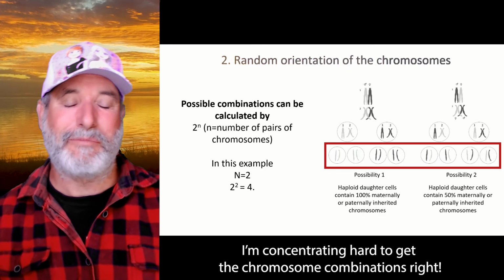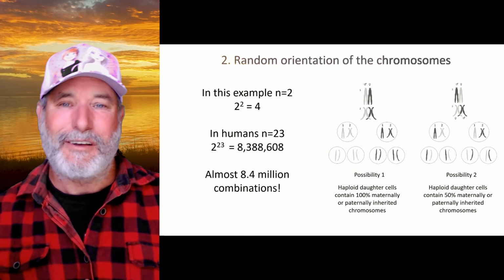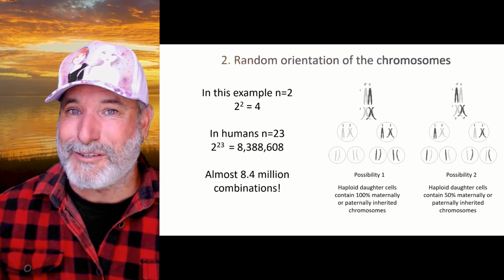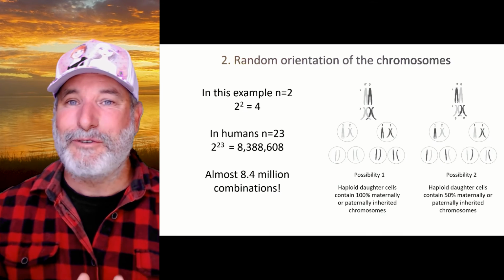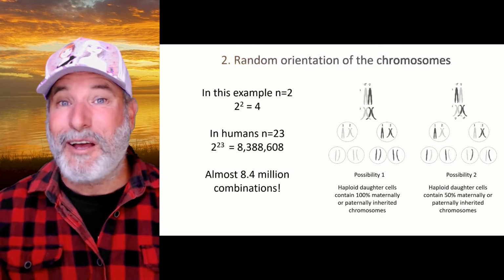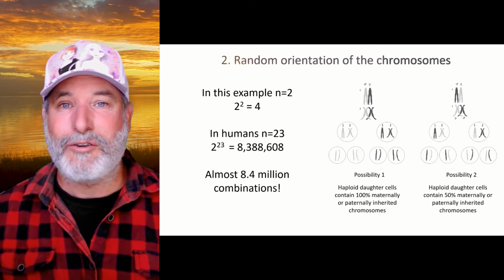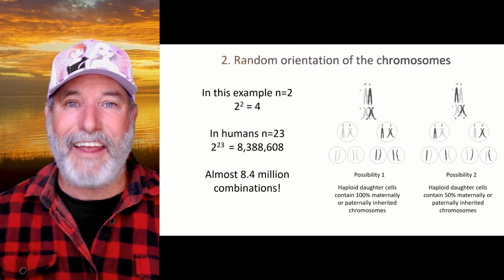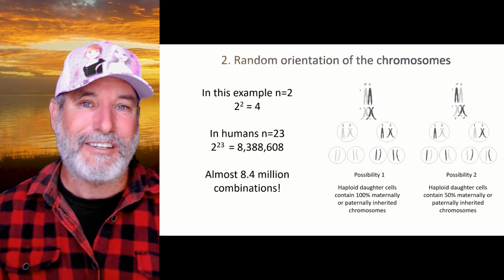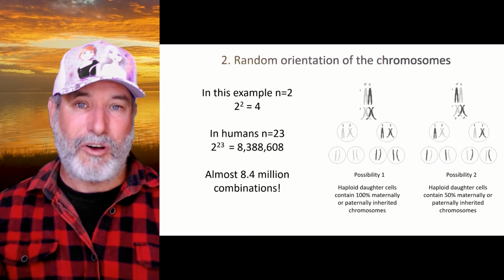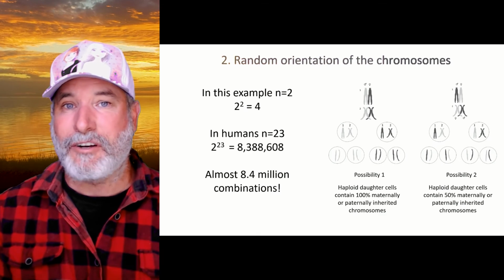That's 4 different possibilities. Now in humans, we have 23 chromosome pairs. That's 2 times 2 times 2, 23 times. 2 to the 23rd power. That's 8,388,608 possible combinations of chromosomes in each one of your gametes from your mom and your dad.